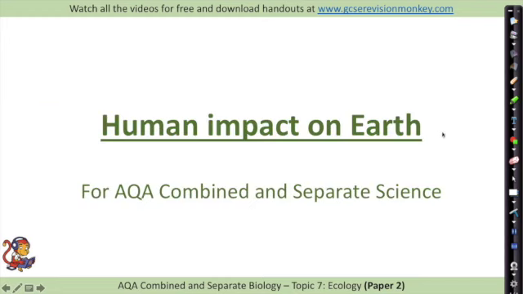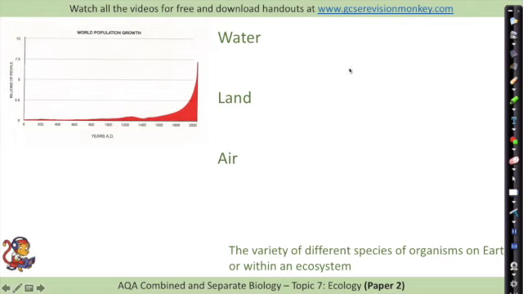This next section looks at how humans are impacting on Earth, and often this is in a negative way. So in recent years, we've seen a massive population rise of people, verging on the 7.5 billion people on the planet.